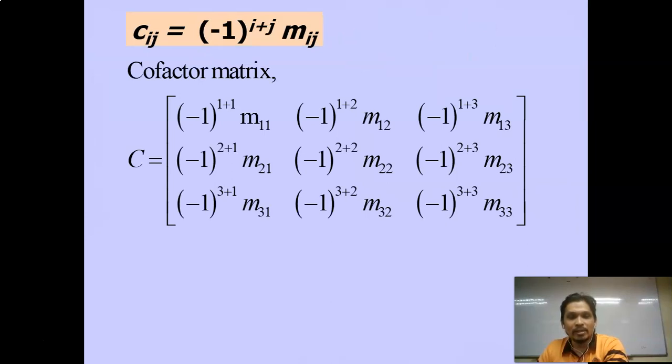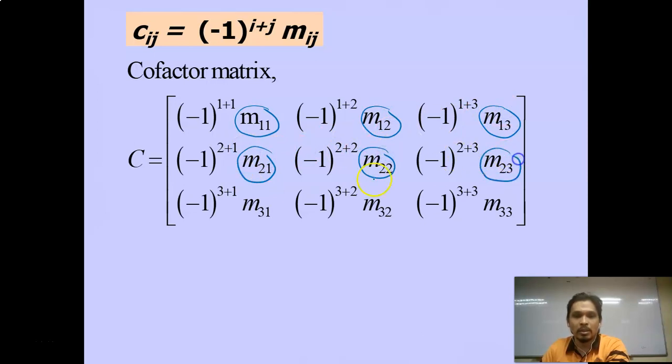And for the cofactor, every single minor that we get here, we multiply with negative 1 to the power of i plus j. The i and j are the number of the row and the column. This is row 1 and column 1, so 1 plus 1.